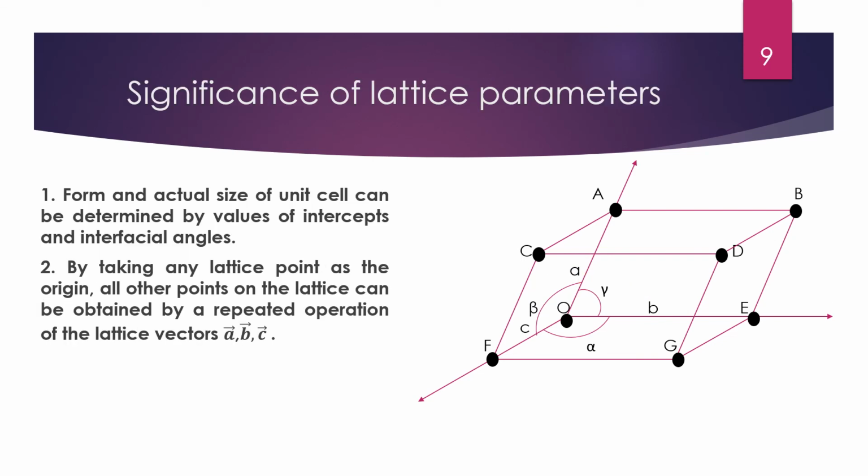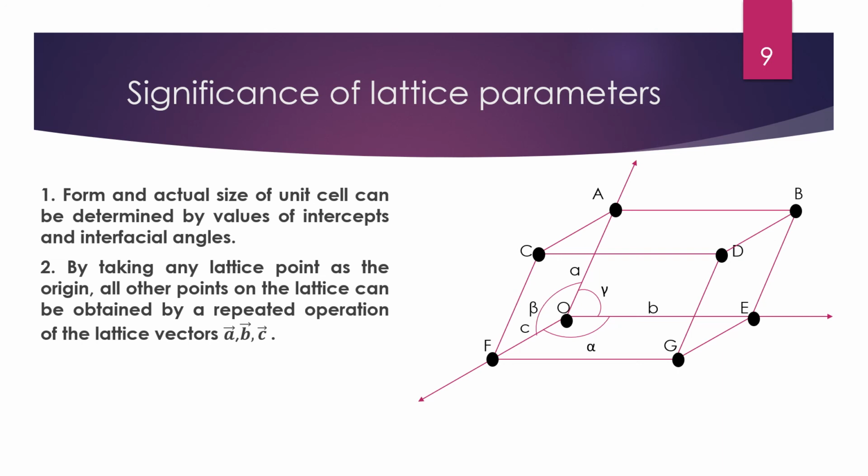Now, what is the significance of lattice parameters? If we know all 6 lattice parameters, then we can easily construct the unit cell related to those lattice parameters. It is the first application. The form and actual size of the unit cell can be determined by the values of intercepts and interfacial angles.